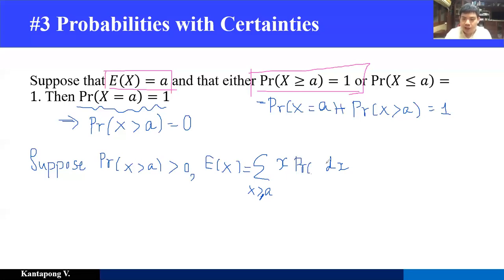It cannot be continuous, actually, because we have this one as the binding condition. So it must be discrete by nature.